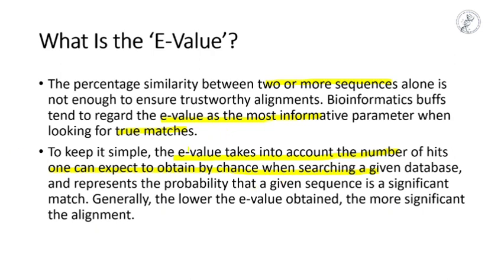So the number of hits one can expect to obtain by chance, or the probability of a given sequence to show a significant match with the database sequence, that is the E value. So, the lower the E value, the more significant is the alignment. That is the probability of a query sequence to get a significant match with the database sequence, or the number of hits one can expect to obtain by chance when searching a given database.